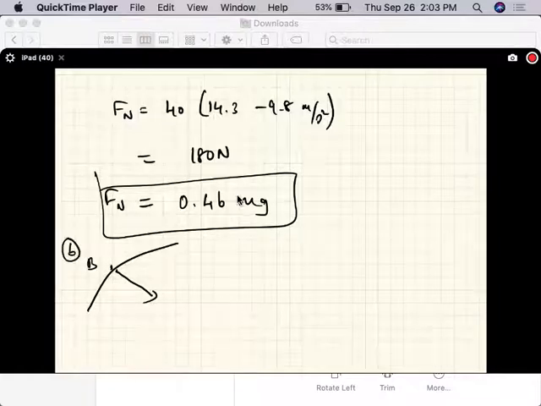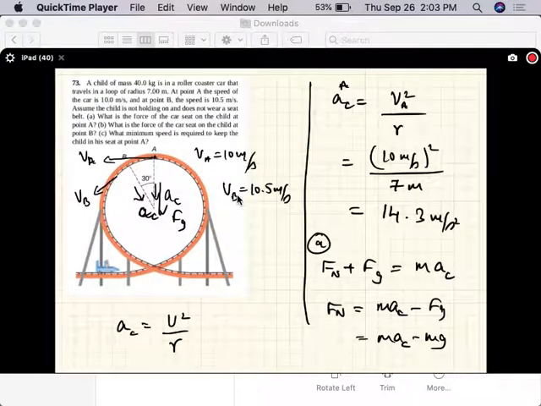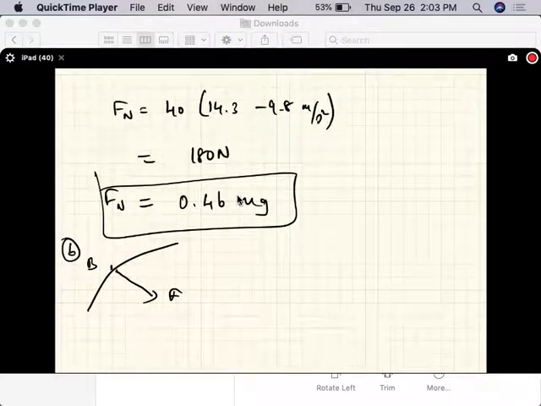There's point B. This is the center, so this is the centripetal force.